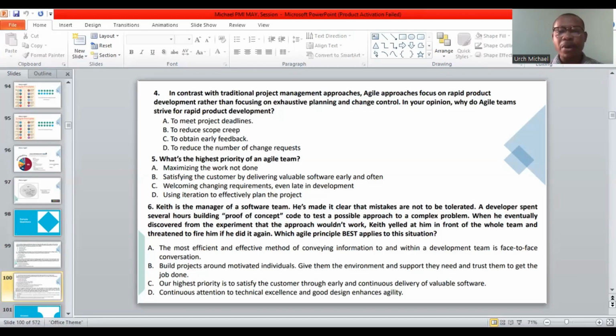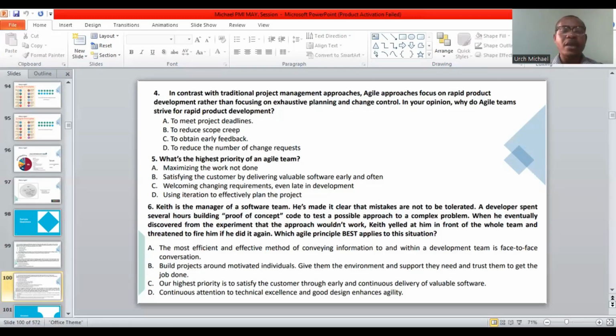So what's the highest priority of an Agile team? A, maximizing the work not done. B, satisfying the customer by delivering valuable software early and often, welcoming changing requirements even late in development, using iteration to effectively plan the project.